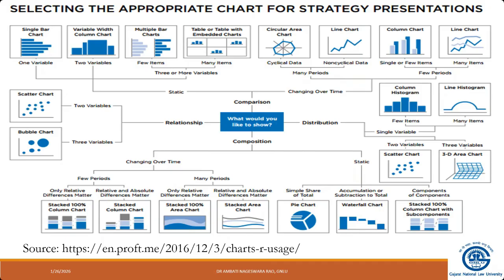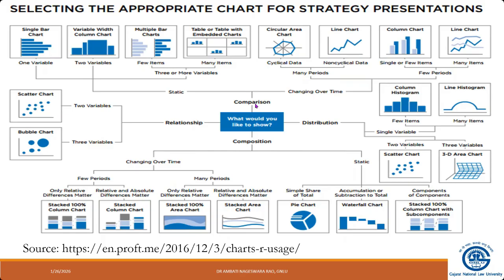Now, the problem is that when it comes to selecting any particular chart, what is the reason for it? If you look at overall the charts, overall the figures that we have, we have 4 reasons. Whether I'm looking at a relationship, whether I'm looking at the distribution of the data, whether I'm looking at comparison.